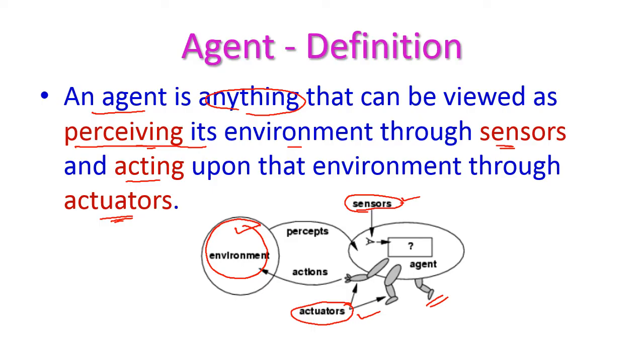So based on the current environment, it will do actions by the actuators. So this is called an agent. The agent perceives its environment and does actions on the environment by using actuators.